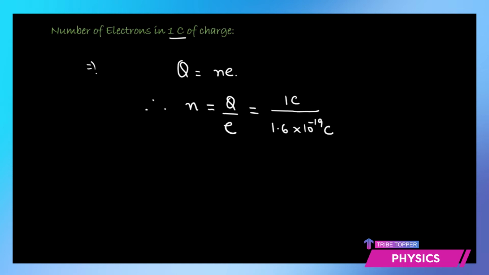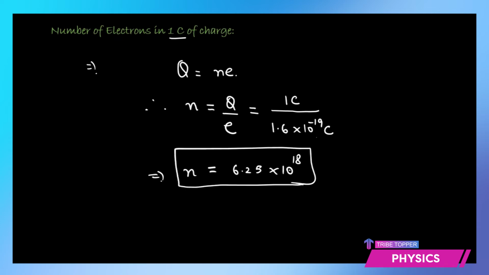The coulomb cancels, and dividing 1 by 1.6 times 10 to the power negative 19, you get N to be 6.25 times 10 to the power 18 electrons. So when I say 1 ampere current flows in a conductor, 6.25 times 10 to the power 18 electrons flow in 1 second.